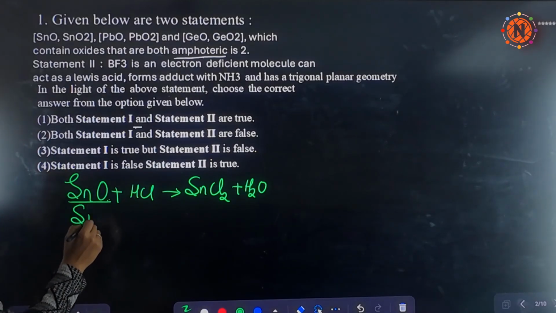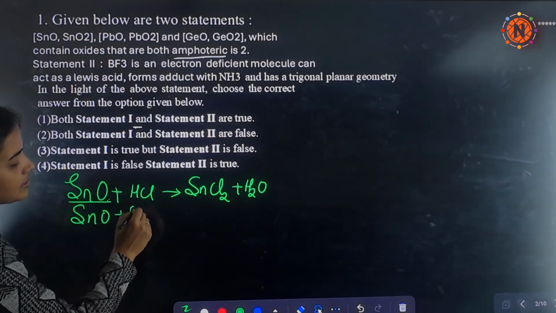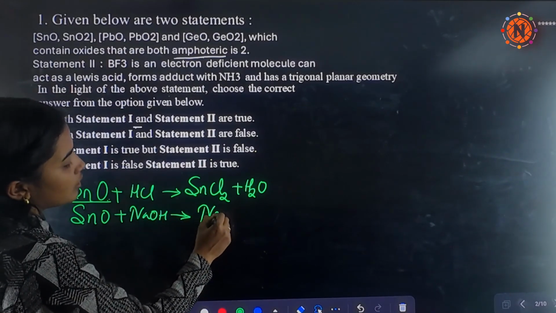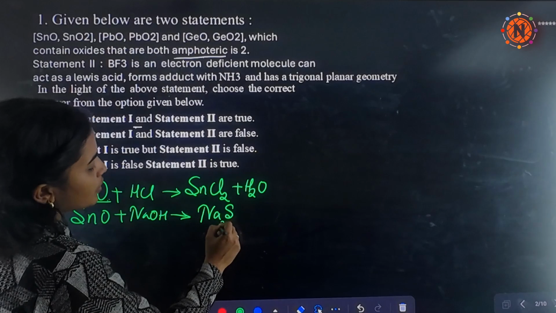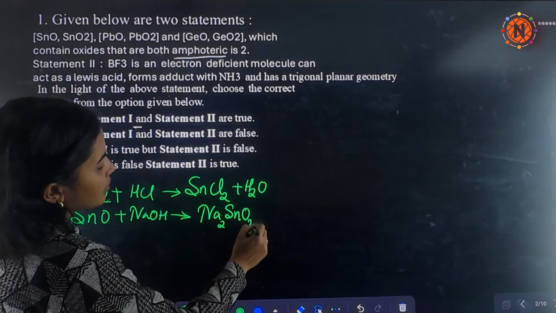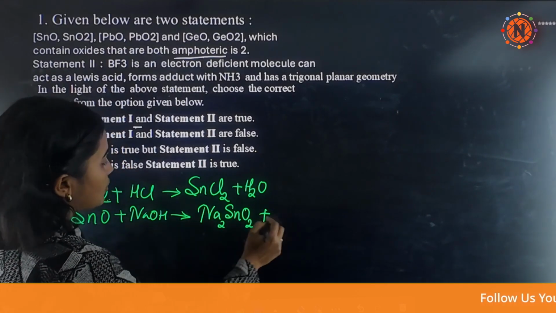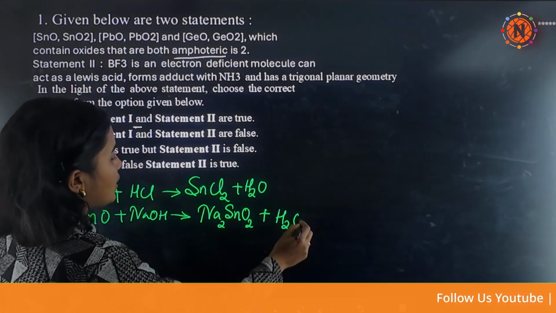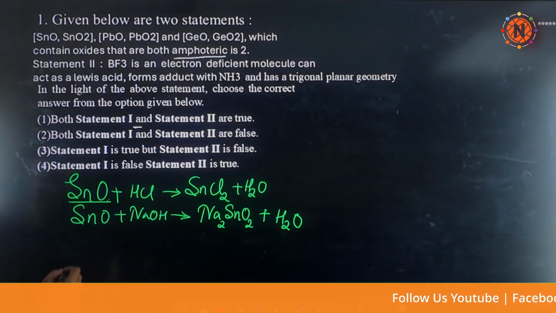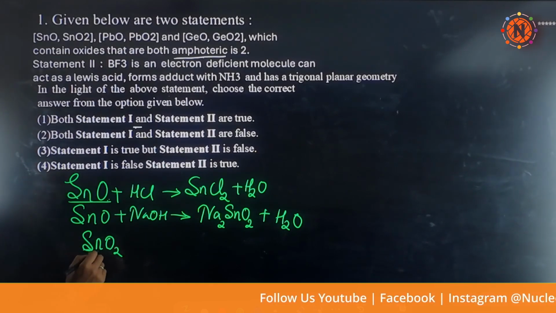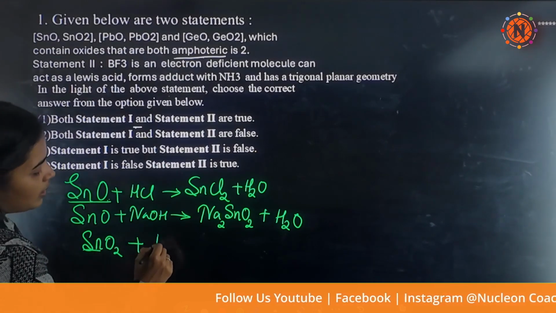Similarly, if you treat this again with a base, it will give you a salt, sodium stannite, and it will give you water. Same thing if you take SnO2, where the oxidation state of tin is +4.